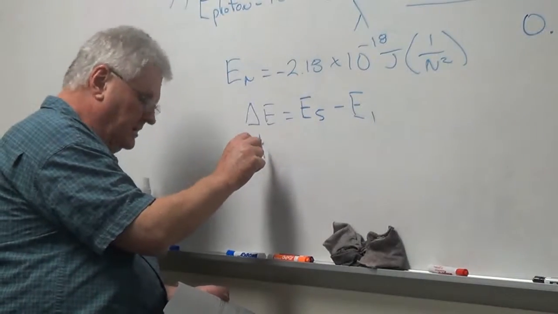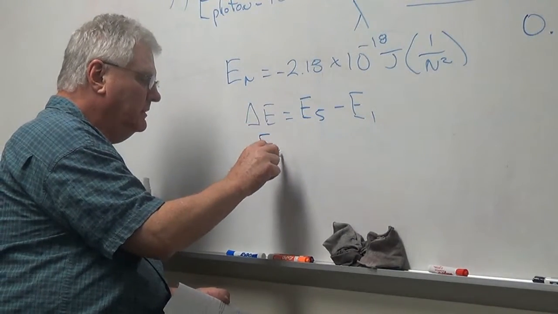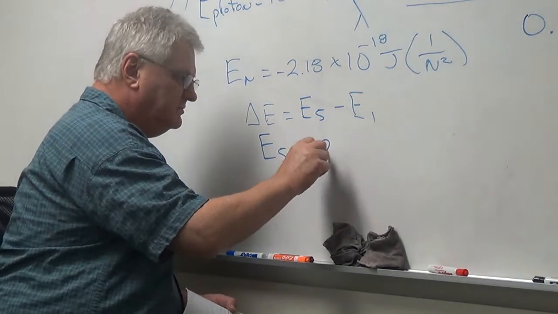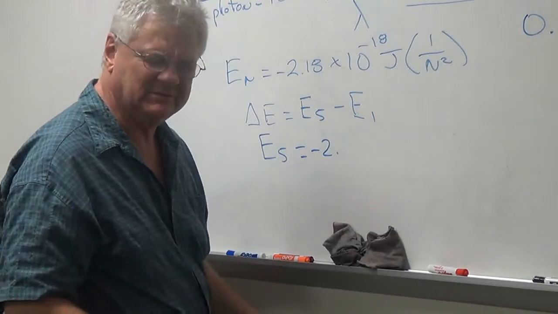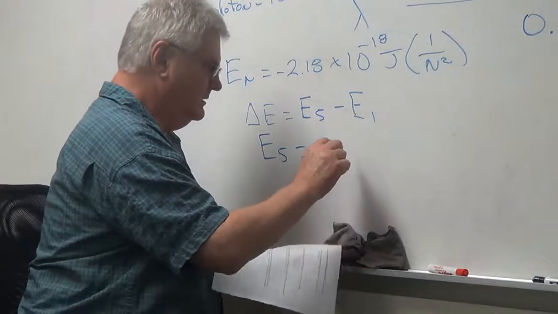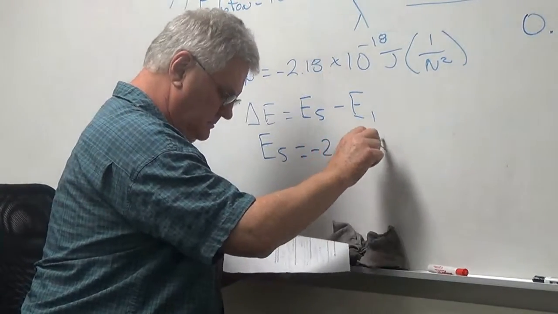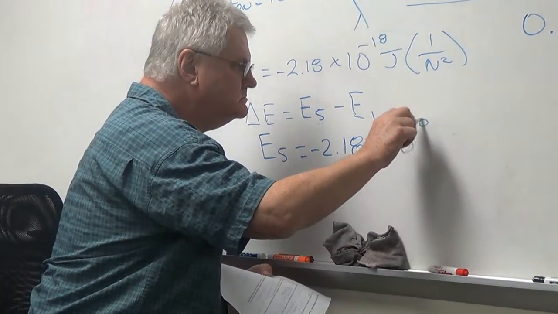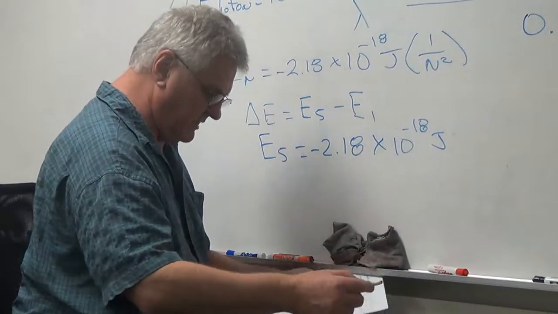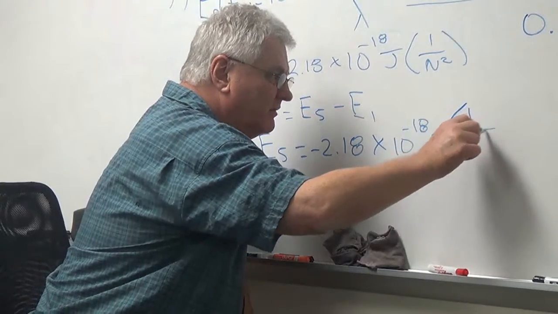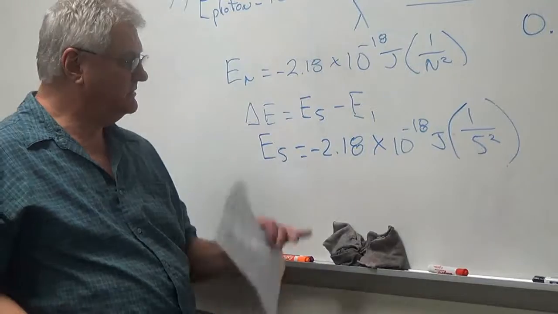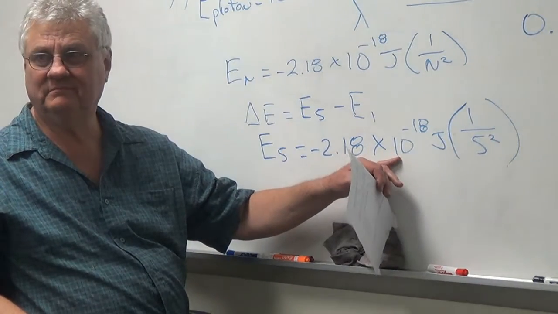So energy, when the electron's in the 5th energy level, this is just a negative 2.18 times 10 to the minus 18, and again, this has to be hydrogen, it can't be one of the other elements for such a simple equation. And of course, it's in the 5th energy level, so we have to multiply that times 1 over 5 squared, don't we? Or 1 over 25. In other words, we just take this divided by 25, right?